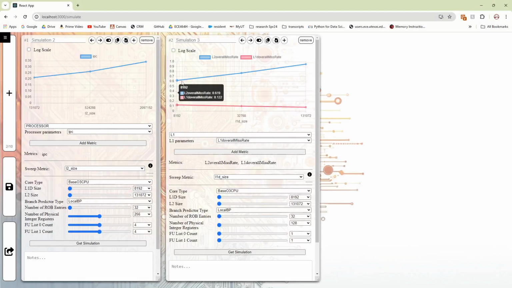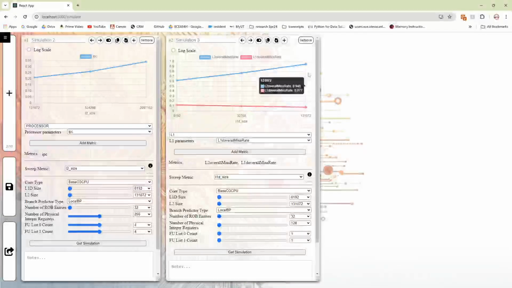This is a little unexpected. The L2 miss rate is increasing as we're increasing the L1 D cache size. Now, how does an increase in the L1 size affect L2? Well, let's think about it more closely.